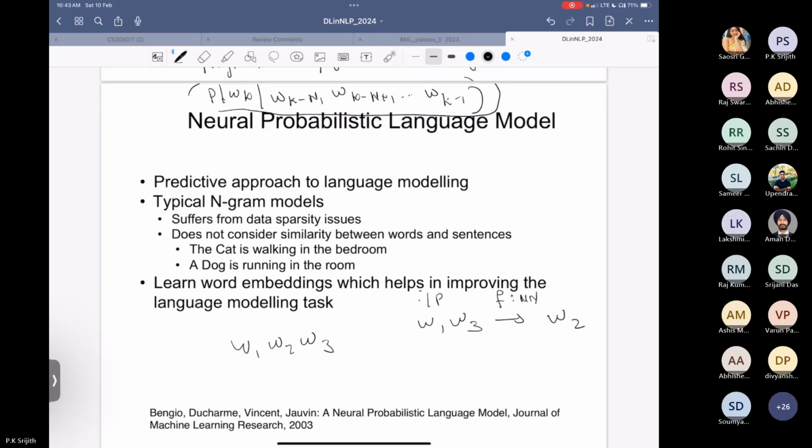This is known as the continuous bag of words approach. And if you are given W2 and you try to predict the neighboring words, W1 and W3, this approach is known as the skipgram approach. This is the way these neural networks are trained to learn vector representations for words.